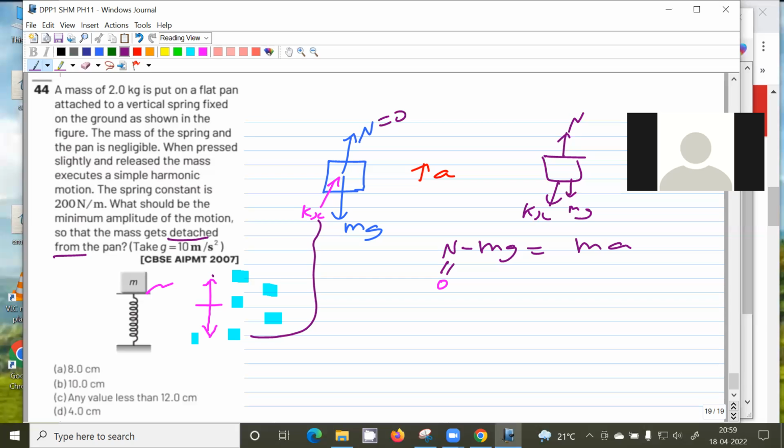At the topmost position, normal reaction is upwards, weight is downwards. The spring is trying to pull back the platform.